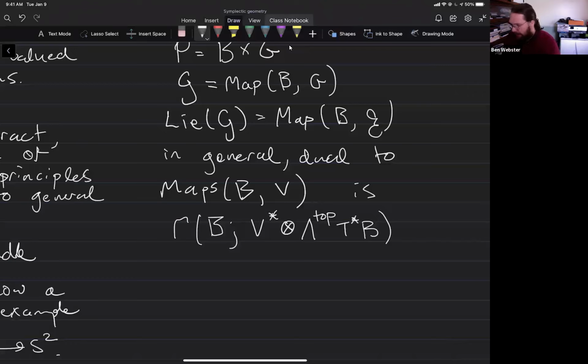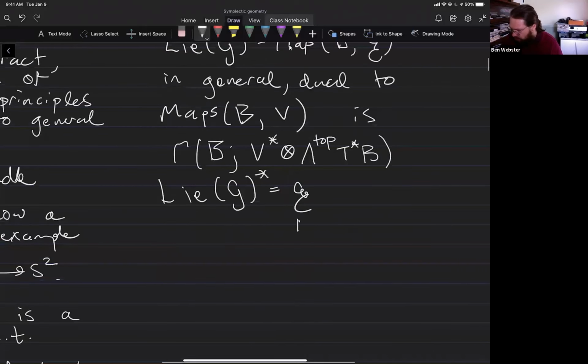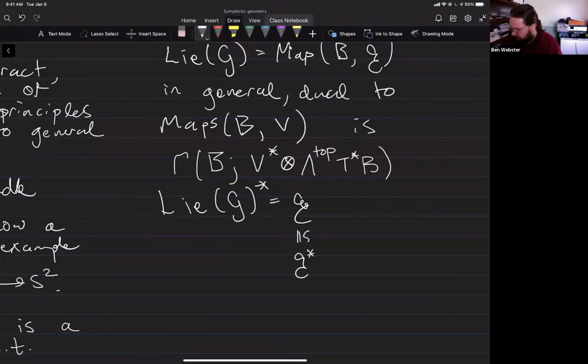All right. So in our case, the right version of Lie G dual is G valued 2 forms. So I'm using the fact that I chose a metric on the Lie algebra. So I chose an isomorphism from G to G dual. And then I tensor that with the second power of the cotangent bundle.